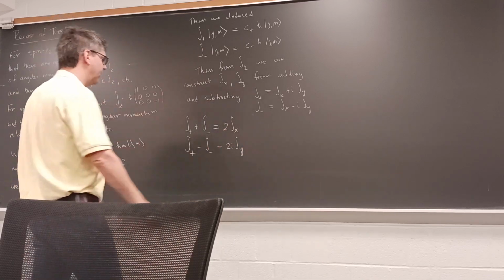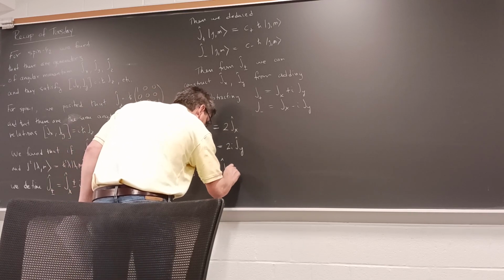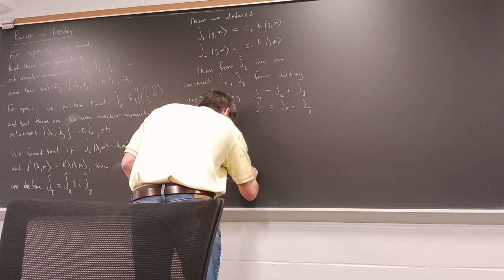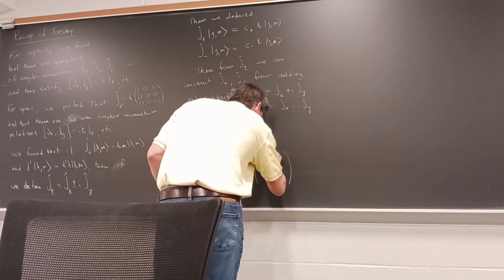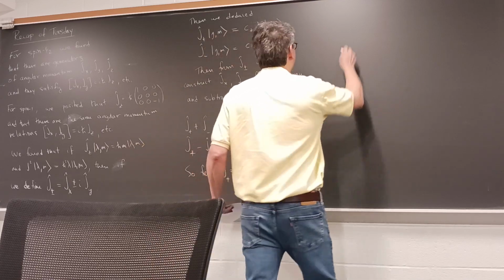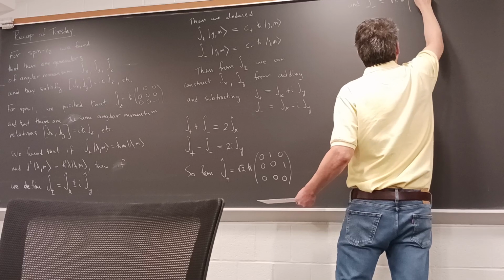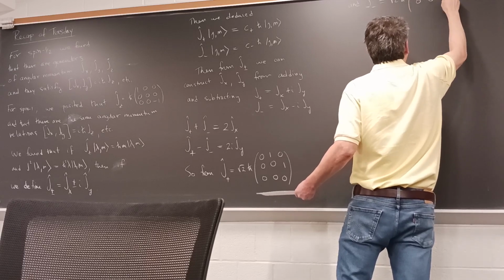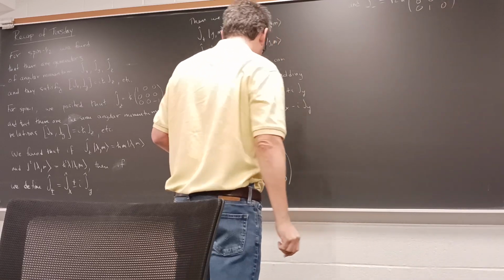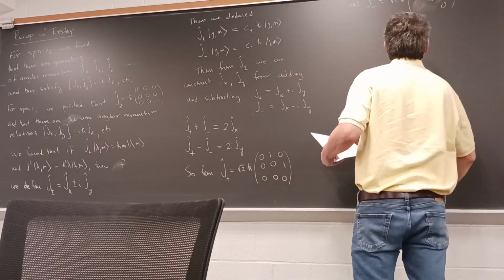And since we found, from J plus equals square root 2 ħ, and then we have a 1 here and a 1 here, and J minus, which is square root 2 ħ, we have the 1 here and the 1 here.